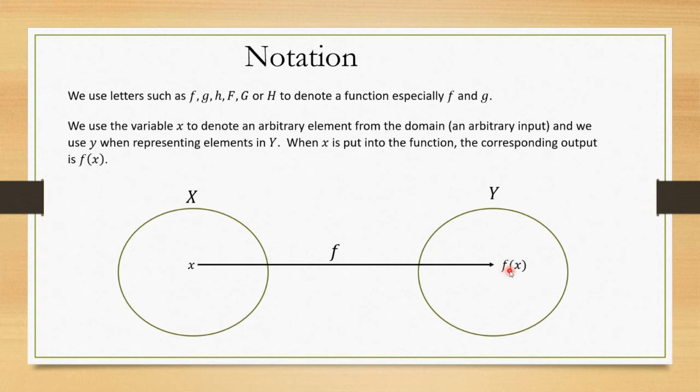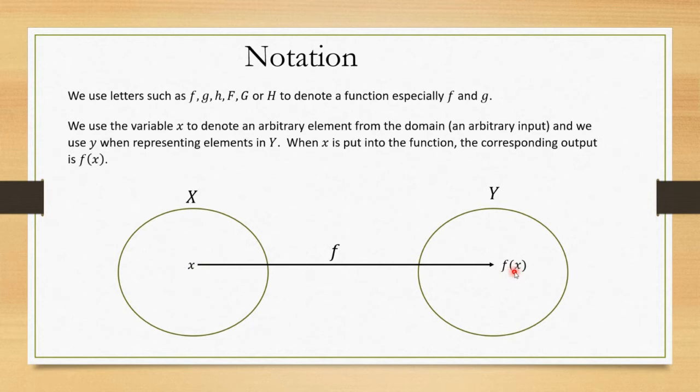F of x, not f times x. So again, this is just notation. f is our function. x denotes an arbitrary element from the domain, and the actual output you get is f of x here.